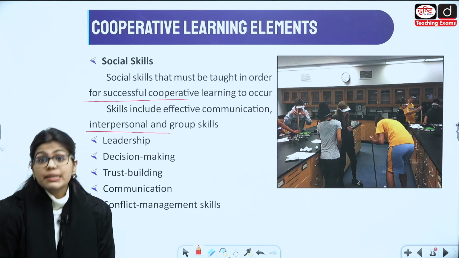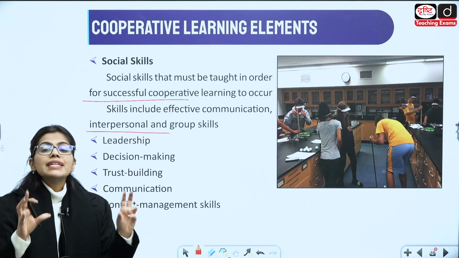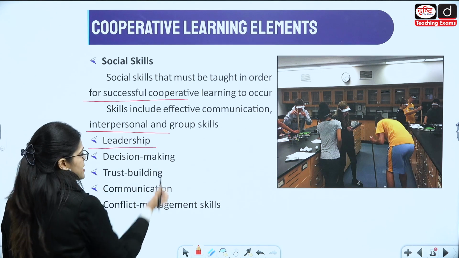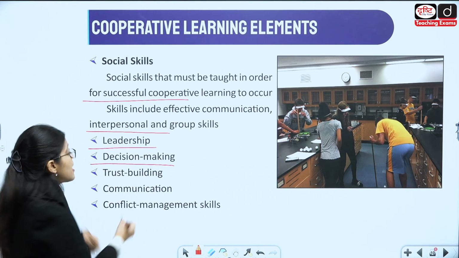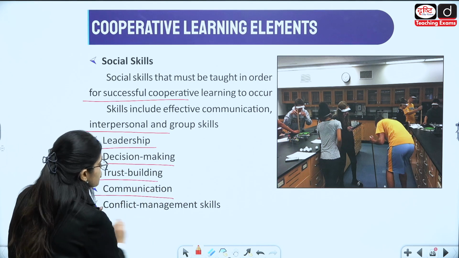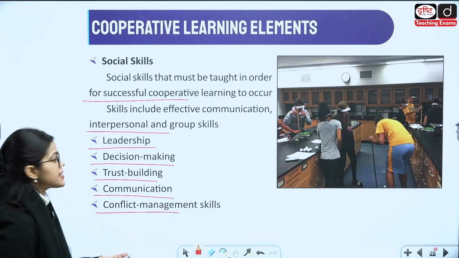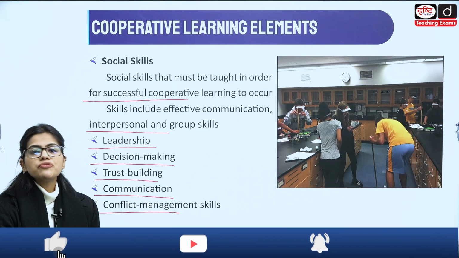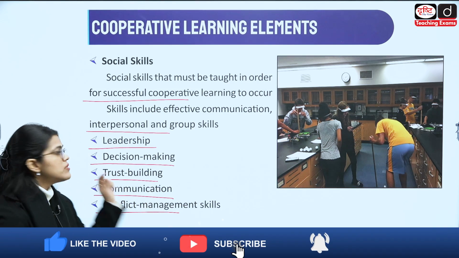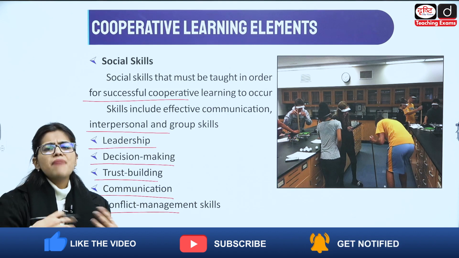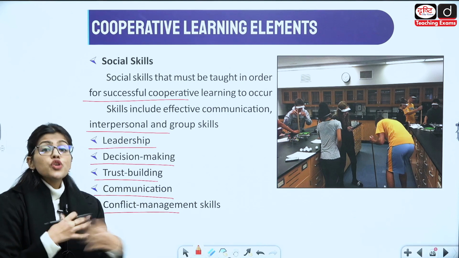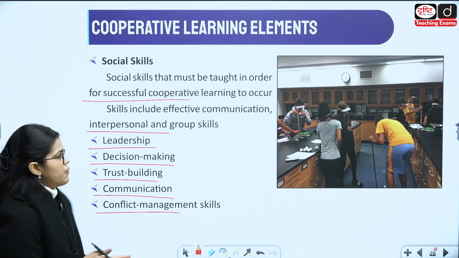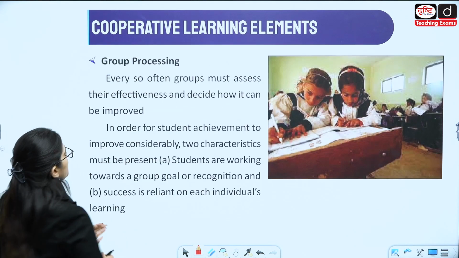You have to do teamwork, cooperative work. These are the things that will take you way forward. So there are leadership skills, decision-making skills, trust building, communication, conflict management skills. These are the core skills that one has to have when it comes to cooperative learning. Without these skills, you will never be good managers, good leaders, good group members. Being a good group member is also very important. So these skills are important.